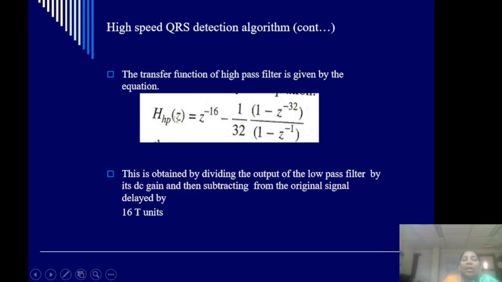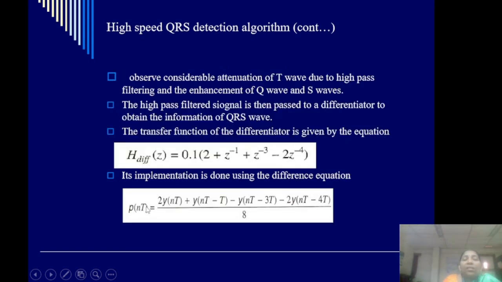That means the high pass filter response is the original signal response minus the low pass filter version. Here z power minus 16 represents that we are dividing the output of the low pass filter by its DC gain and then subtracting it from the original signal delayed by 16 time period units.